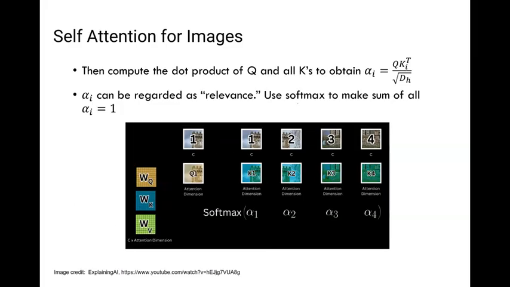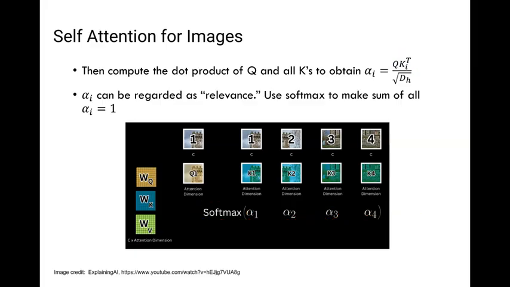Okay, again, once you have the QKV, all you have to do is perform the dot product, like this. It's the same. And you get a relevance or attention value, alpha. But they are not normalized, so we make sure they add up to 1 through the softmax mechanism.